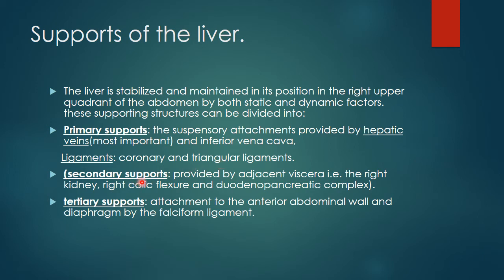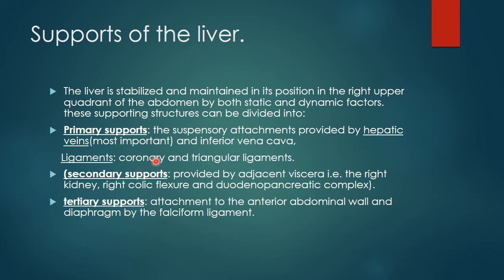Secondary supports are provided by adjacent viscera. If you remember the relations of the liver, like the right kidney, right colic flexure, and duodeno-pancreatic complex, these structures provide support and are included in secondary supports, while tertiary supports are provided by attachment to the anterior abdominal wall and diaphragm with the help of the falciform ligament.